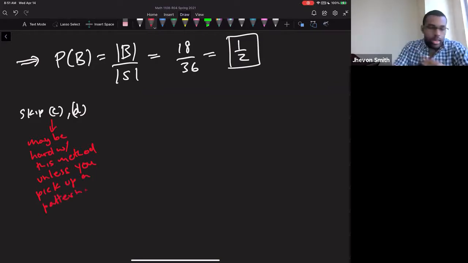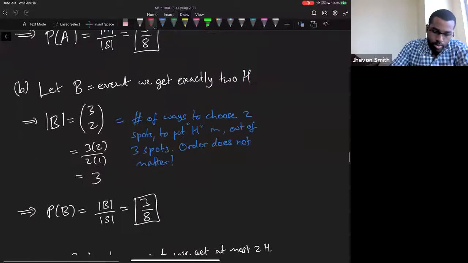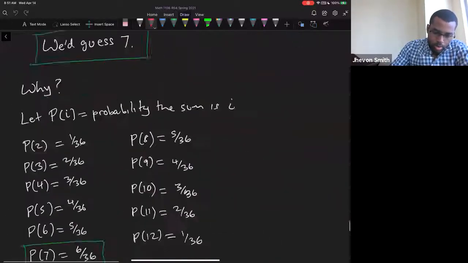Because there was a pattern, right? The numbers actually moved in a pattern. When I wrote them out, you probably saw it.